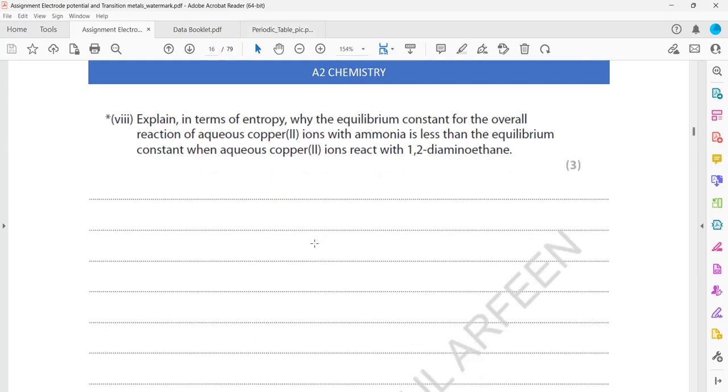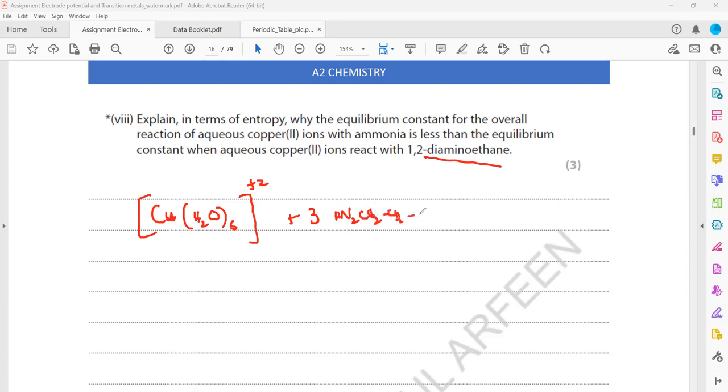Entropy depends on the number of particles: if the number of particles increases, entropy will increase. Here, 1,2-diaminoethane is a bidentate ligand. We have a complex Cu(H2O)6 with a charge, and we need 3 molecules of NH2CH2CH2NH2 because it is a bidentate ligand.